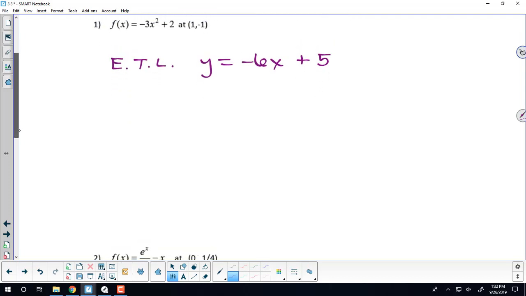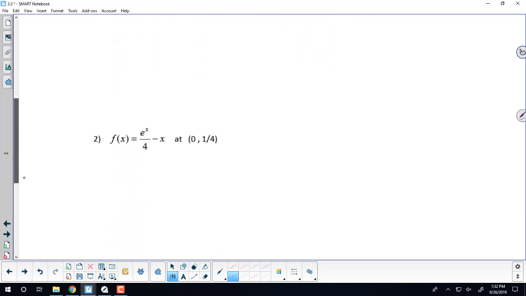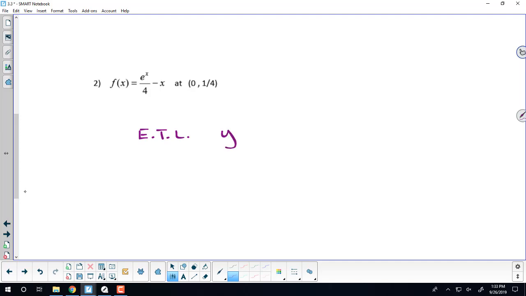So then, example 2, equation of the tangent line: y equals negative 3/4 x plus 1/4.